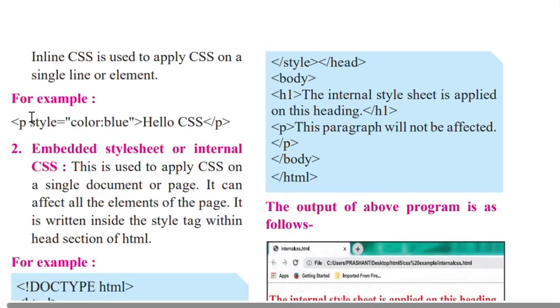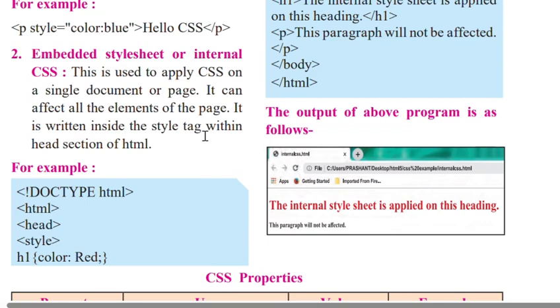Here they have given an example: P style equals color, where color is a property and the value assigned to it is blue. Hello CSS, paragraph close. Now the Hello CSS will come in blue color. This is our inline style sheet.